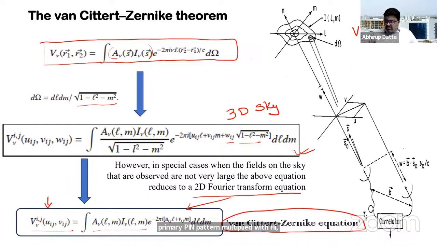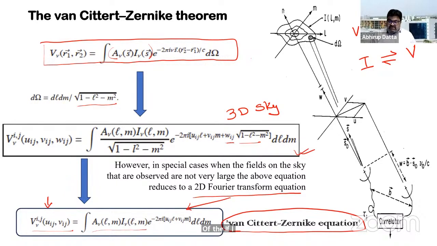Now, the objective of the entire process is to understand how the sky looks, so to make an image of I. That is easy, because now that becomes the inverse Fourier transform of V, right?